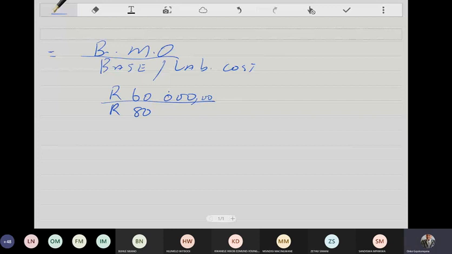Is there anyone who can still remember? If we take the cost and divide by the units, your answer is going to be a value per what? Per unit. I can hear someone say that if it is 20 rand, it's 20 rand per unit.